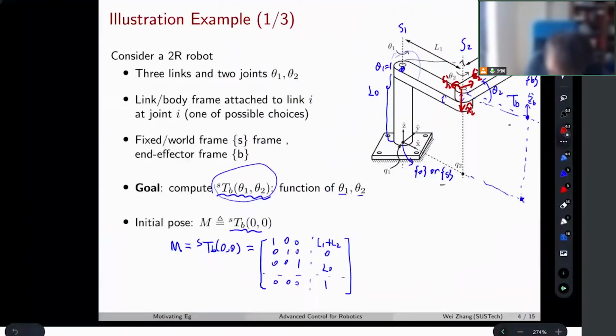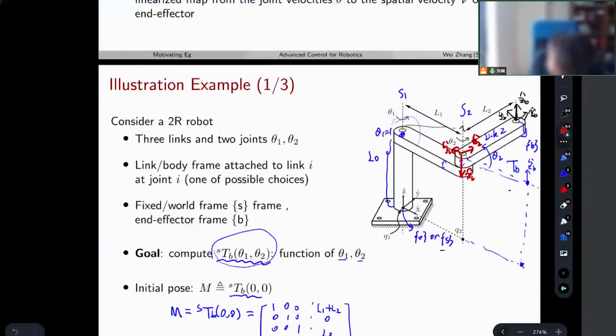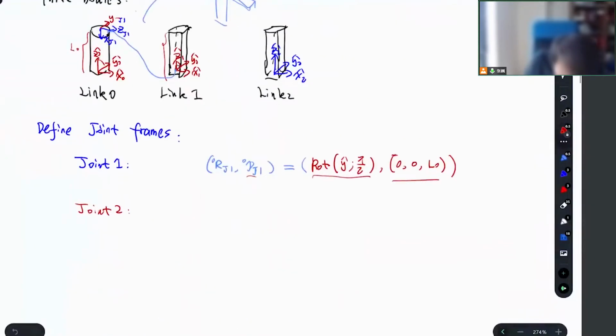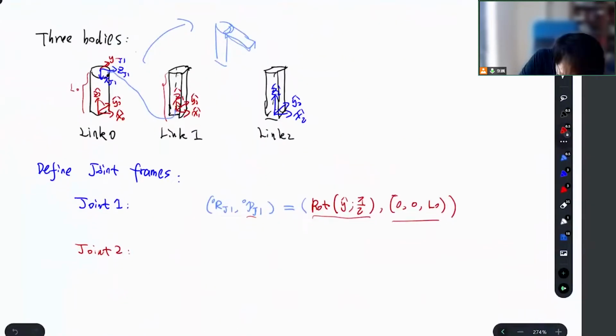If I want to draw joint 2, this joint is actually the same as before, except the links are different. They are exactly the same, right? So joint 2, I can draw it again here, will be exactly the same.